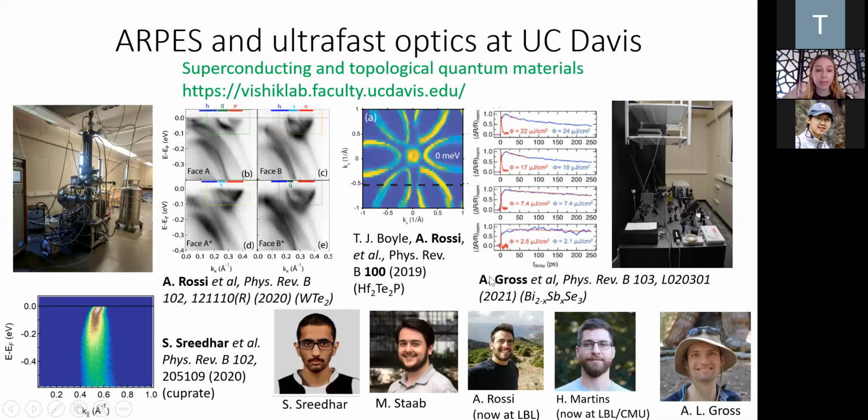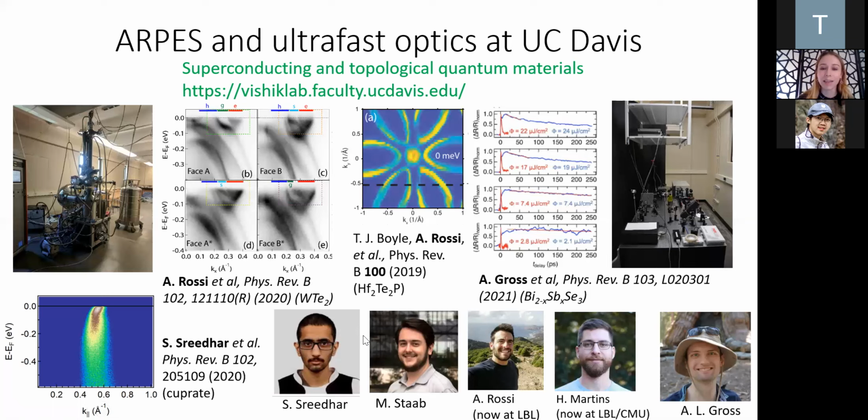Broadly speaking, we measure superconducting and topological quantum materials. The topological quantum materials is the one that I'll be touching on most heavily in this talk, but I'll also be talking about superconductors a little bit at the beginning, however, not the types that I study.